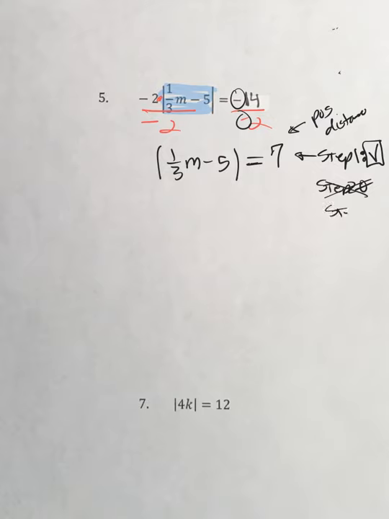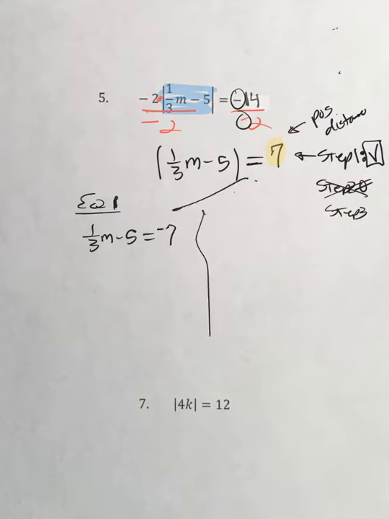So then we can move to step 3, which is to write the correct number of equations. We want to be 7 units from 0. So to be 7 units from 0, what's inside could be 1/3 m minus 5 equals -7, right?